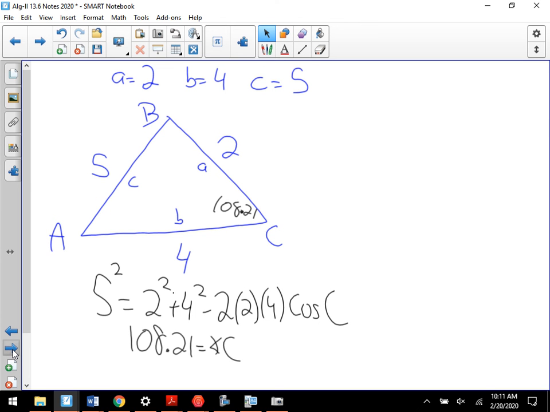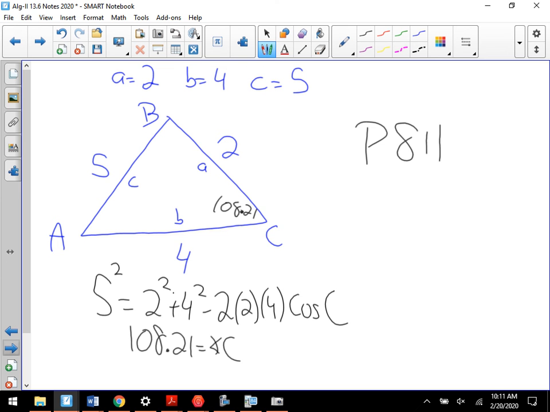It's the cosine stuff. There's a section that I want you guys to do. It's on page 811, 30 through 37. It's a mixture of problems. It can be law of sines to start, it can be law of cosines to start, it can be a right triangle. It depends on what information you're given.